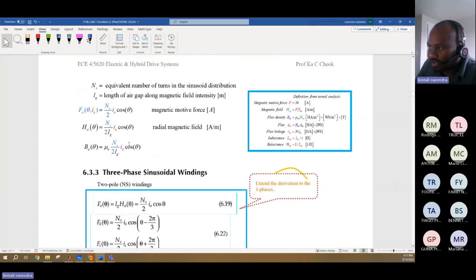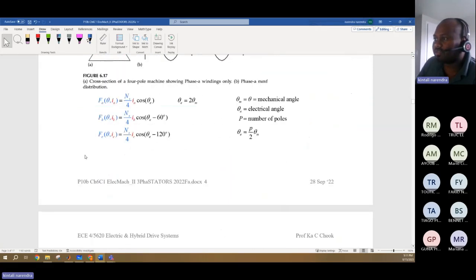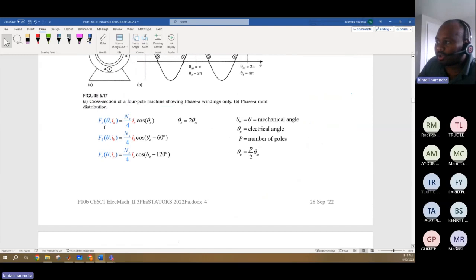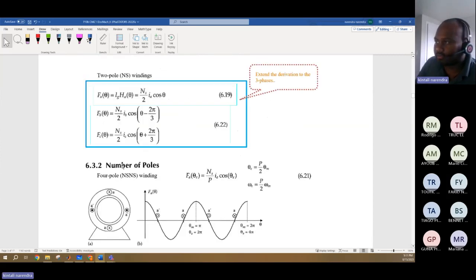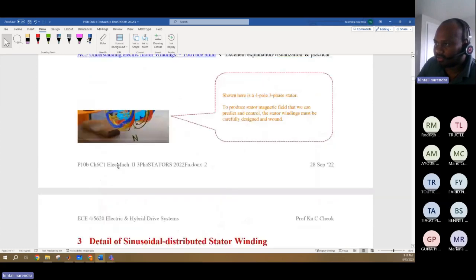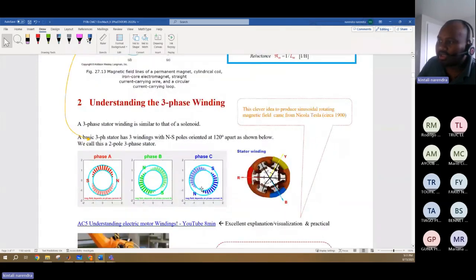Now once you know the magnetic flux, the magnetic motive force for each of the terms is different for each phase. This is phase A, phase B, and phase C. There are three phases, each 120 degrees apart from each other, and the windings of each phase are done in a sinusoidal way.